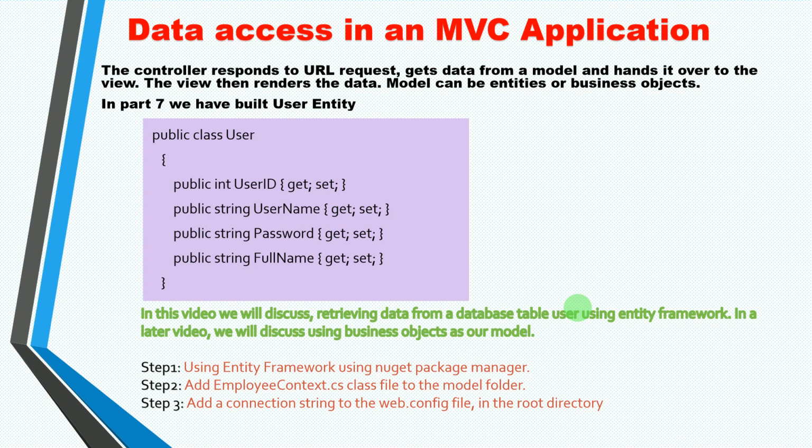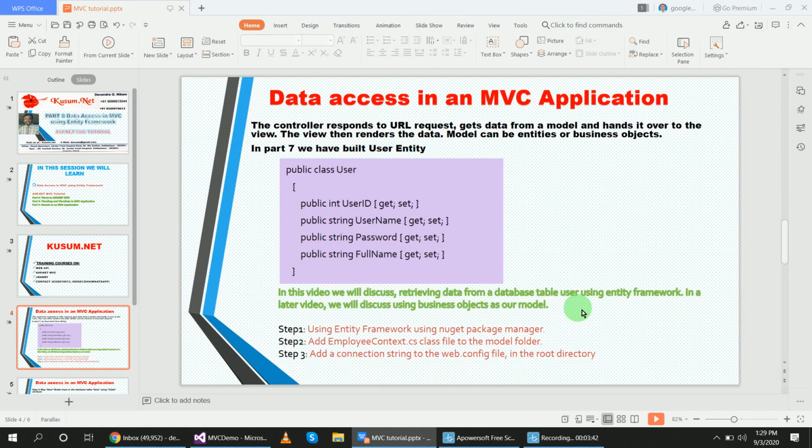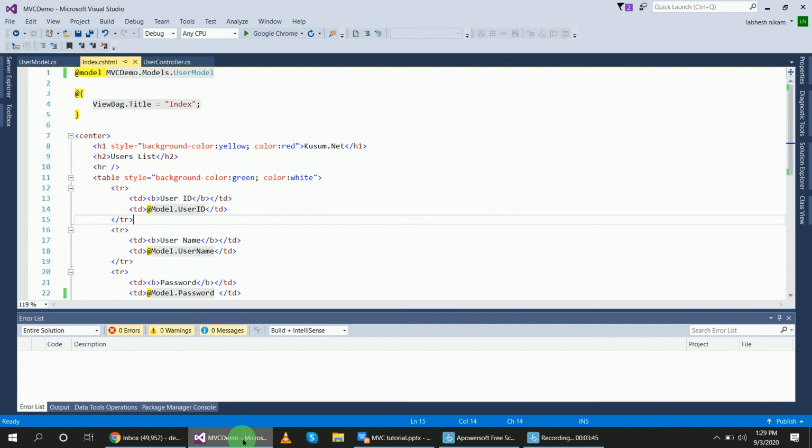Now, step 1: install Entity Framework using the NuGet package manager. We want to access the data using .NET Entity Framework, right? So first you have to install Entity Framework on your machine.